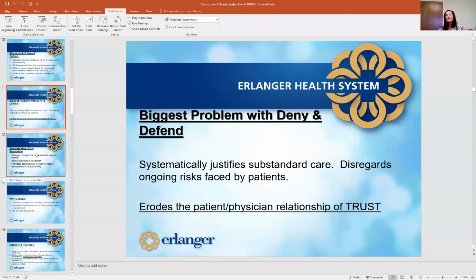Because we were taking the approach of don't talk to anyone, deny it, defend it at all costs, we were justifying substandard care. And it was hurting and hampering and stonewalling to a large degree quality improvement, which should be at the heart of healthcare, right?